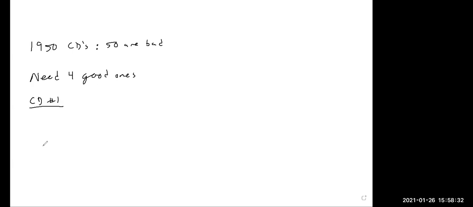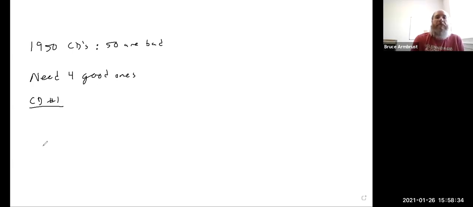Okay. Well, let's think about this though. I don't want to use the bad number really, because I'm looking for a good one, right? So let's think about how we calculate probabilities in general. Our event is drawing or pulling out a good CD. So we need to know the total number of possible outcomes, which would be the total number of CDs, and we also need the total number of good CDs, because that's our event.